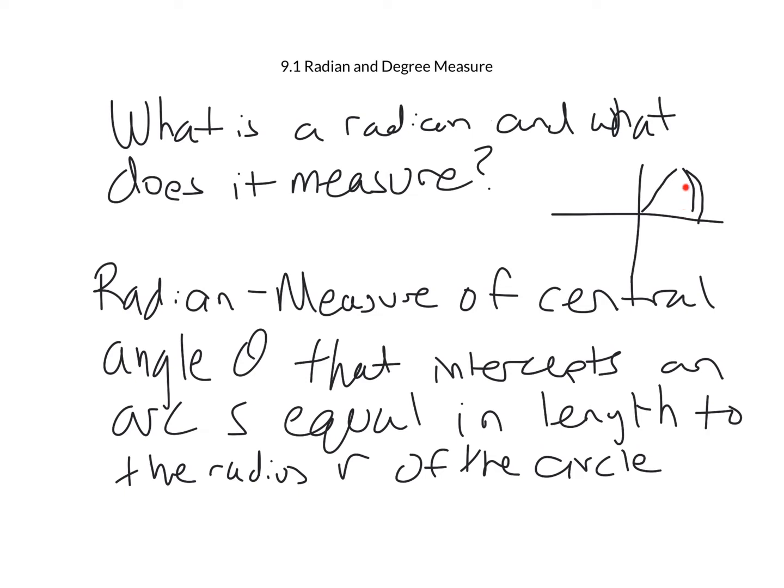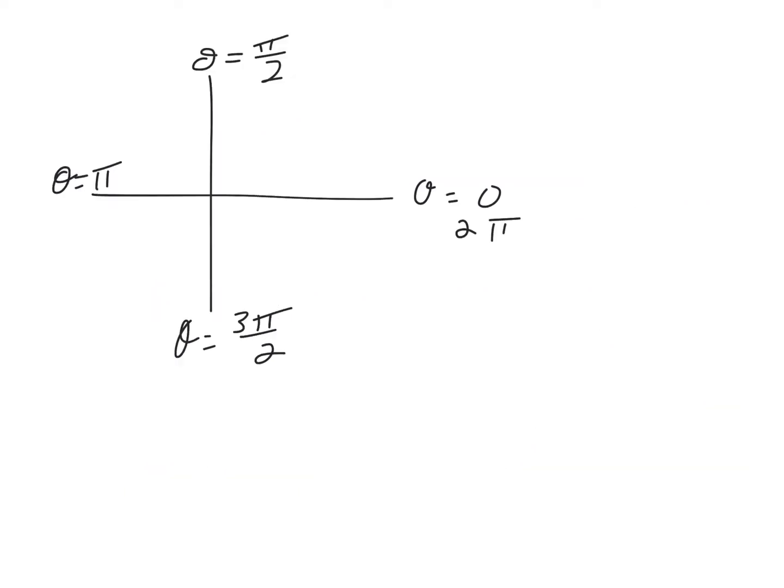As you keep going around, of course, it'll keep increasing. Or if we go a little less, it's going to be less than that. We're going to go through on the next slide different radians in terms of pi. All right, going around, right there is pi over 2.